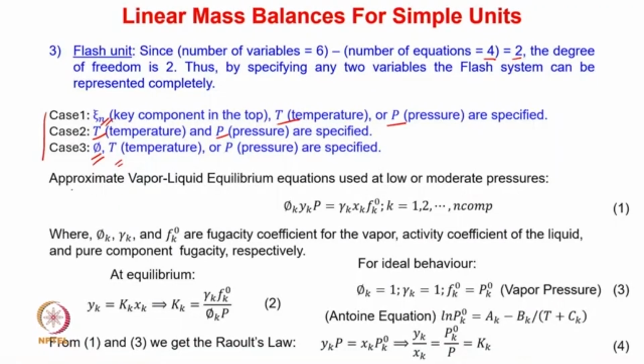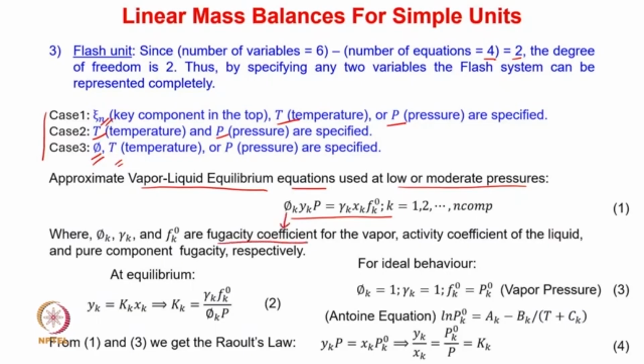In this case the approximate vapor liquid equilibrium equations used for low and moderate pressures are given by this. This is the equation. So phi k yk capital P is equals to gamma k xk fk naught. So here phi k, gamma k and fk naught are nothing but the fugacity coefficient.